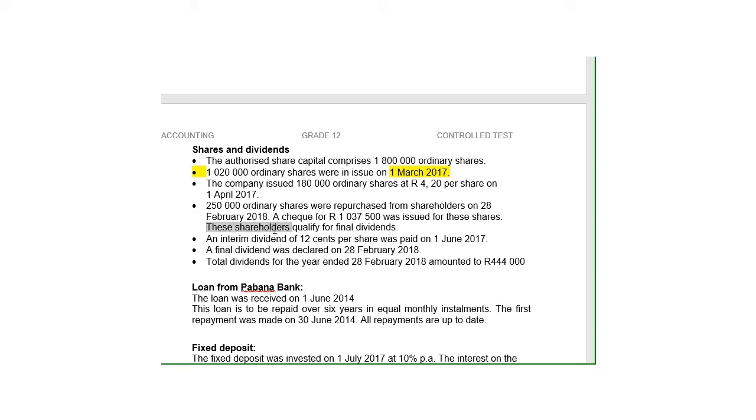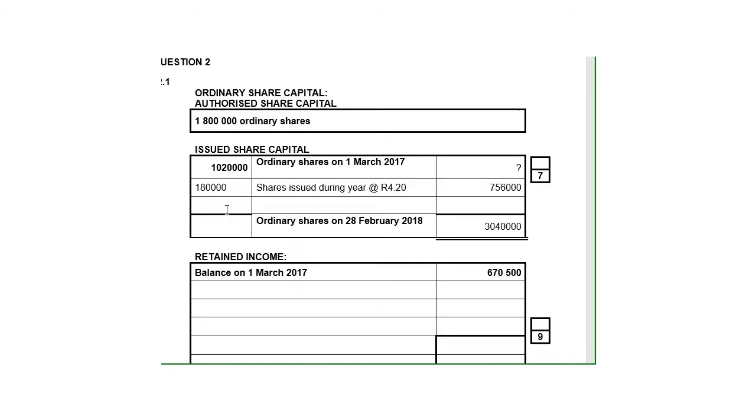It is important to know that when we calculate final dividends, we will need to keep that in mind. But for the capital, we're just interested in the first part. So the number that were repurchased, 250,000. We repurchase, it means the number in issue will become less. So I'll put it in brackets.